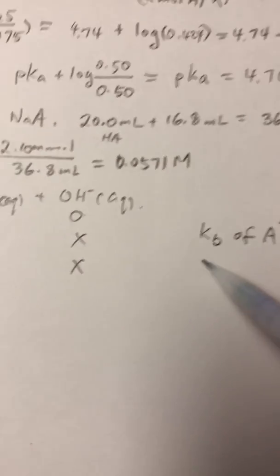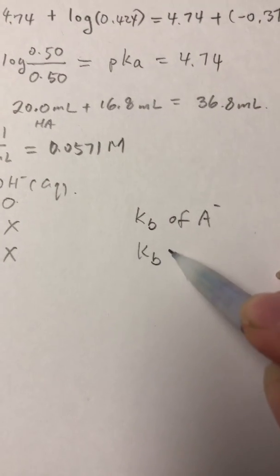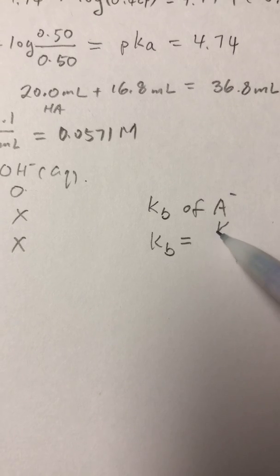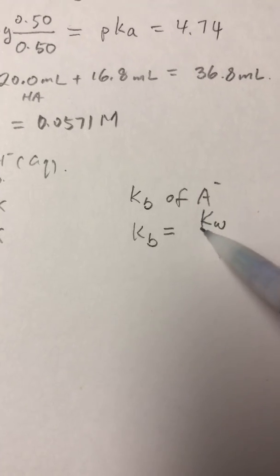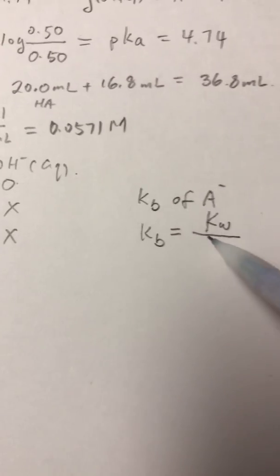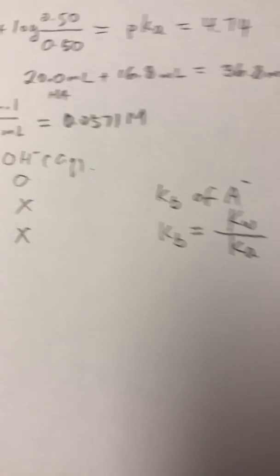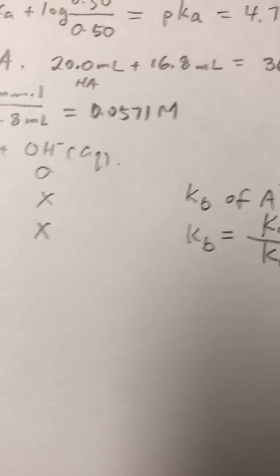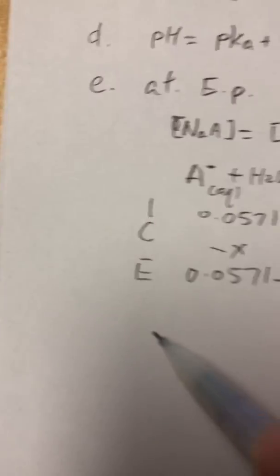Well, the relationship is Kb of A minus equals Kw over Ka of HA. Then let's write Kb.